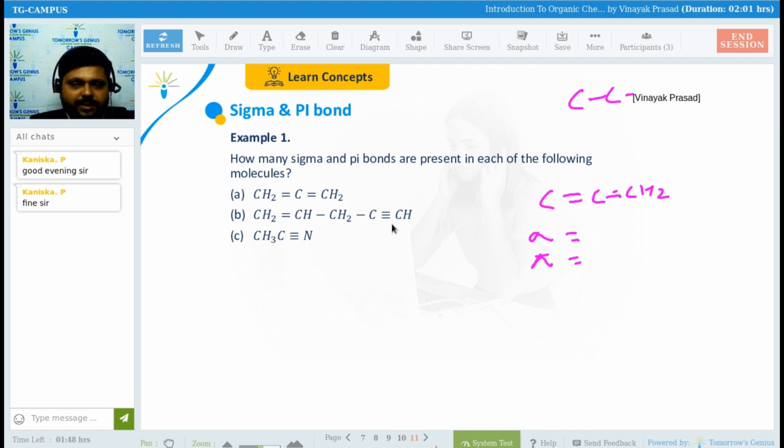Let's suppose I'm saying this example. Tell me the number of sigma. All single bonds will be called sigma, and in every double bond, one sigma and one pi will be there.